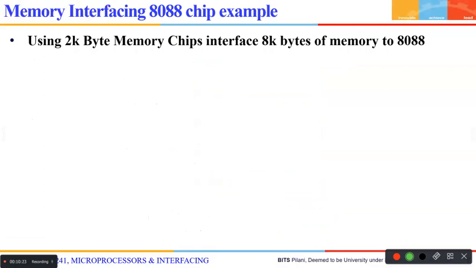How does the 8086 get 16-bit data from the memory? It uses 2 memory chips at a time to get the 16-bit data. Have you understood this?